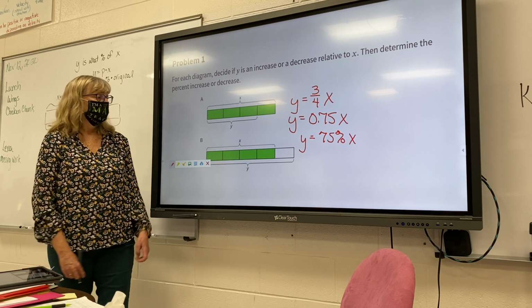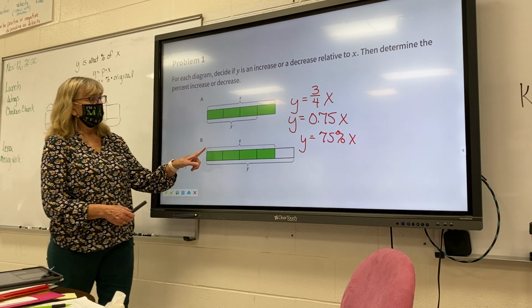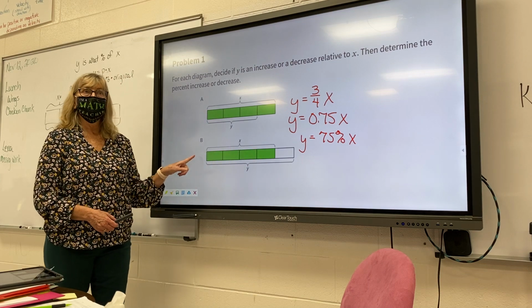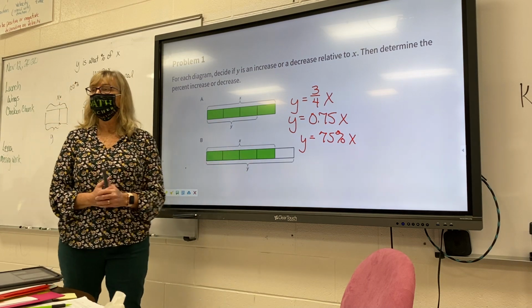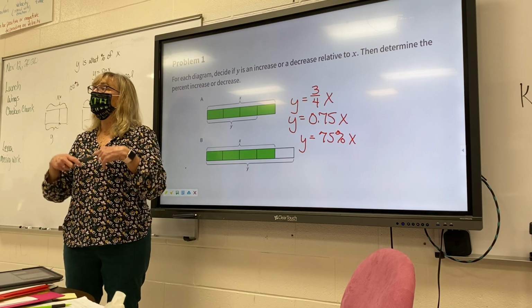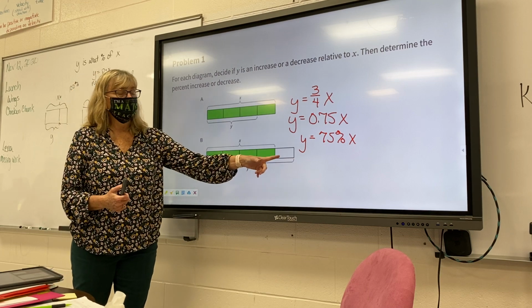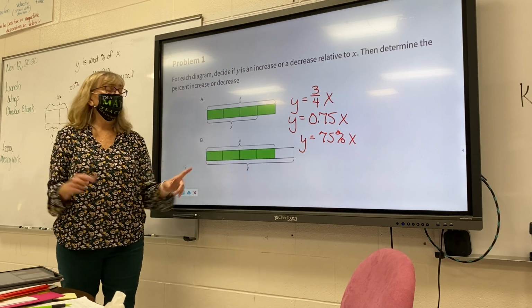Okay? All right, this one, is it a percent of increase or decrease? X is always 100%. Is X getting bigger or smaller? Bigger, okay? So that's going to be 100% plus some more. How much more? 1/4, 25%.